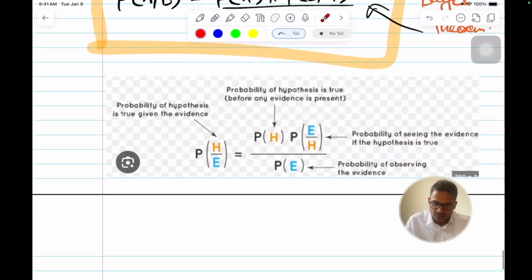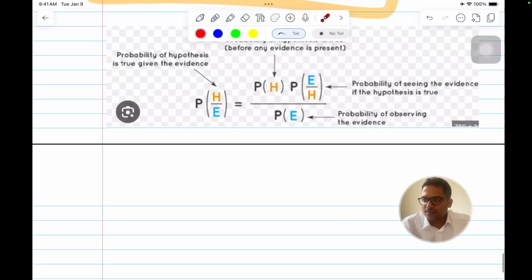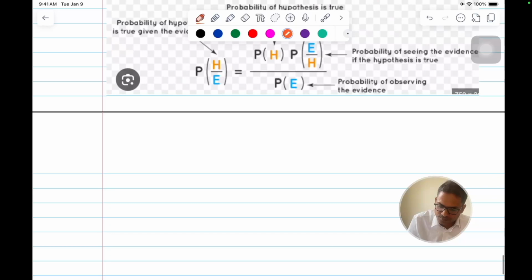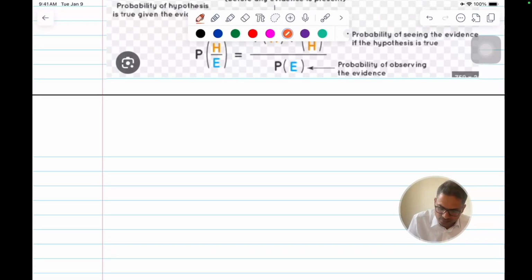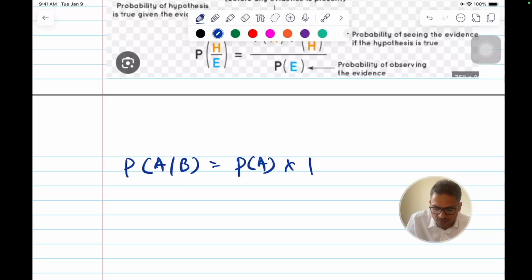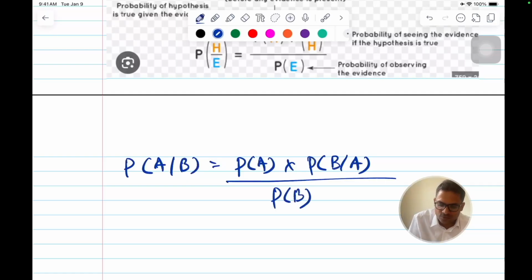So this is Bayes theorem, and let me give you some more terms around it. It's just good to know. Again, probability of A given B is equal to probability of A into probability of B given A by probability of B. What are these things called? This is called the posterior, meaning after getting the new evidence or new information, what is the truth now.